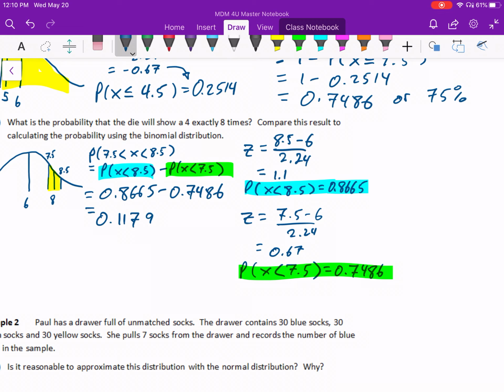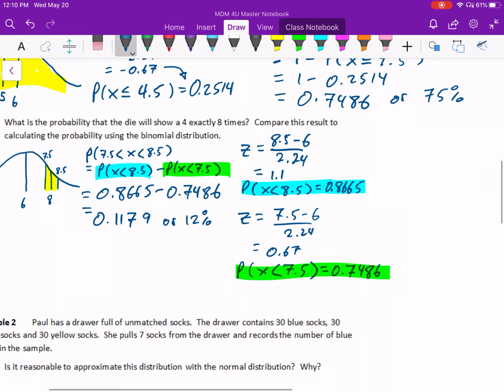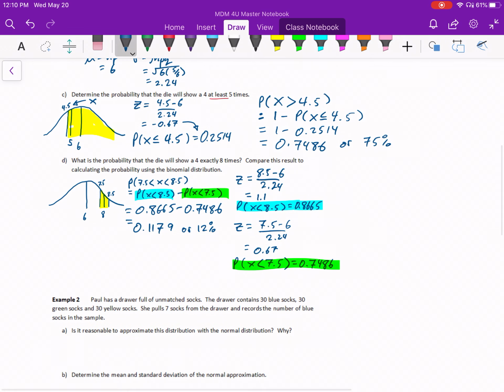So it's approximately 12%. So using our approximation, there's about a 12% probability that we're going to roll 4 exactly 8 times. Now remember, we don't need to use this normal distribution z-score thing in order to do a binomial one.